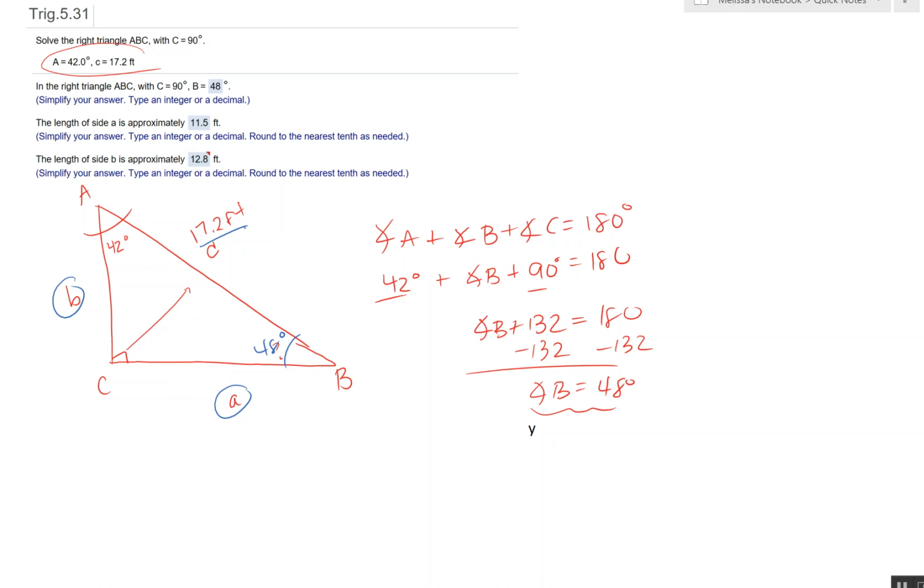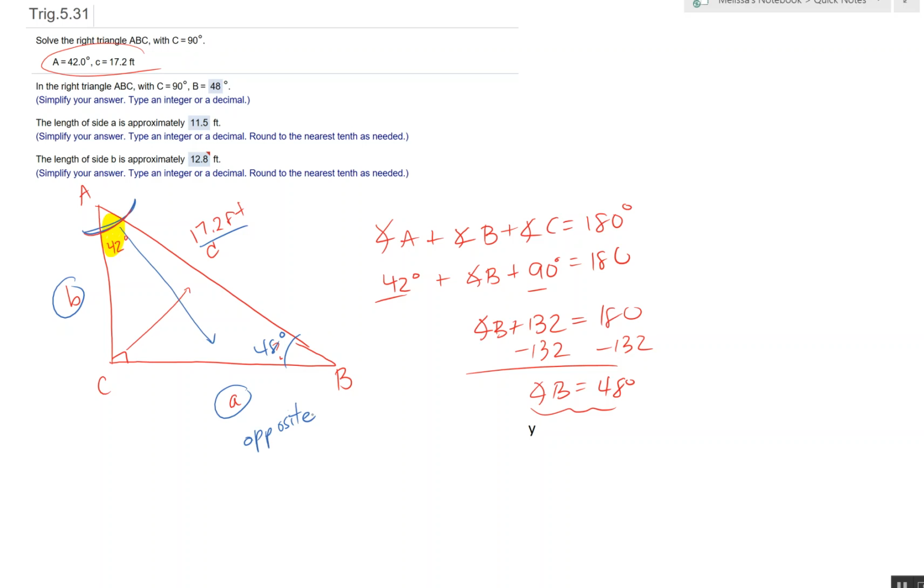And you can come from either angle A or angle B. So choose an angle that you know that's not the right angle. So I'm going to go with angle A. And then mark the sides coming from the perspective of angle A. So coming from the perspective of angle A, side A is opposite that angle.